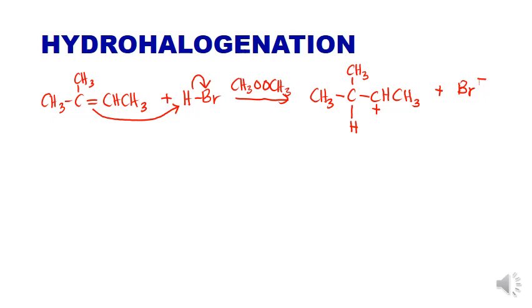The next step is to consider whether the carbocation can produce a more stable carbocation. From the first step, we have produced the secondary carbocation.